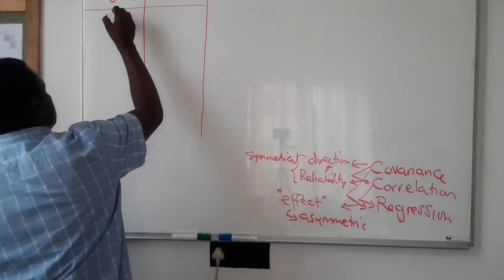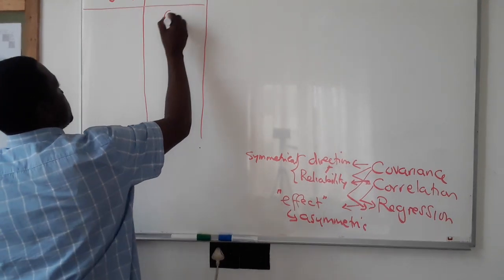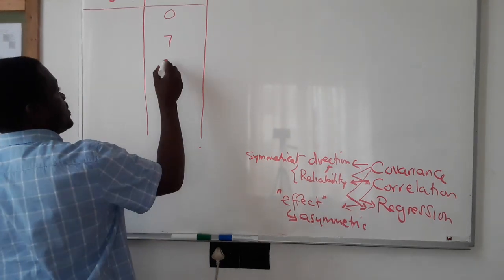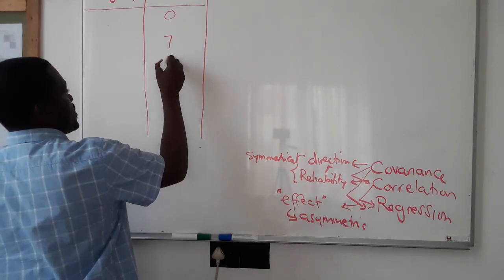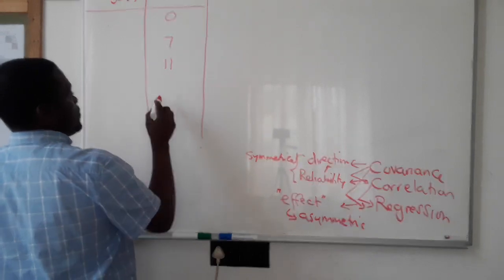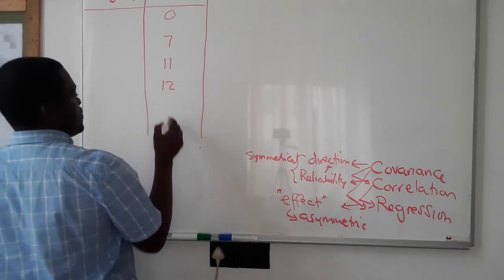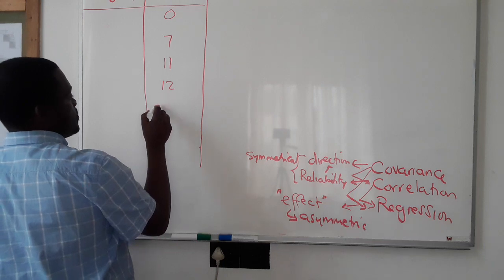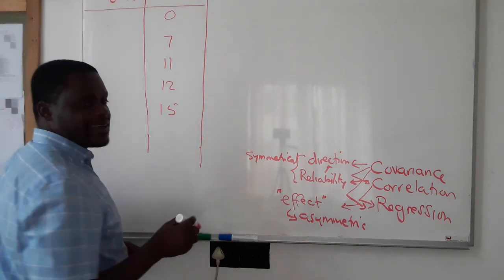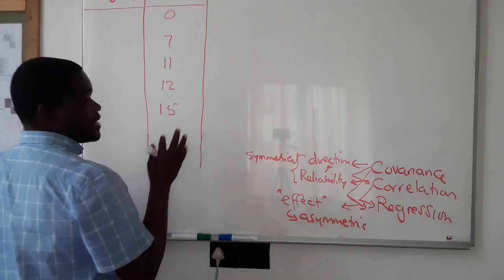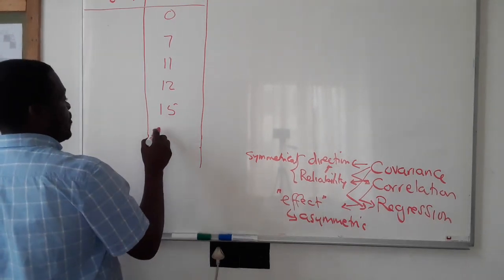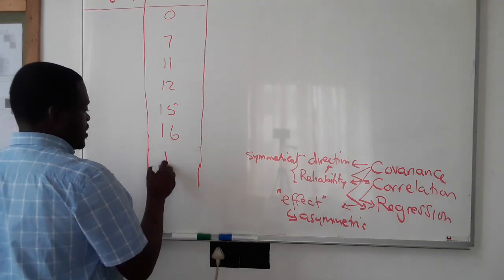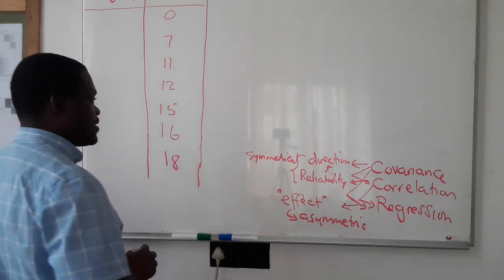If you never went to school, your education is 0, or if you went up to grade 7, or grade 11, or grade 12, or grade 15, meaning your undergrad, or grade 16, which is your honors, or grade 18, which is your master's.